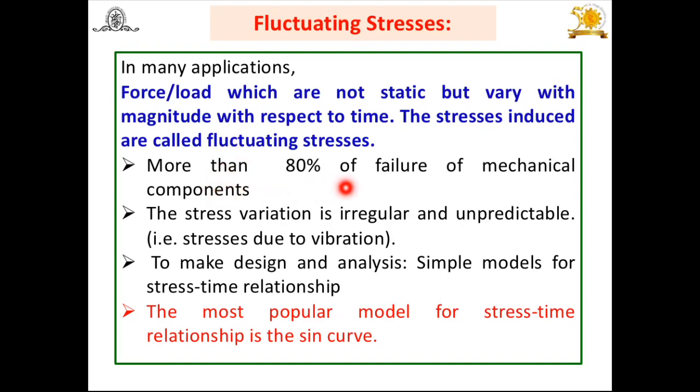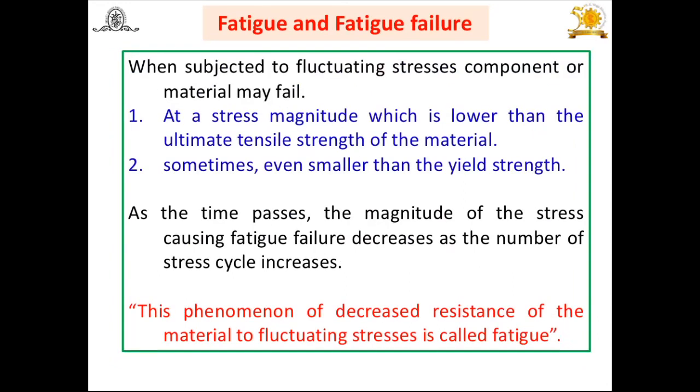More than 80% of components fail because of this, and this stress variation is because of the varying load, which is irregular and unpredictable. We can't predict it. Because of that, a component may fail before reaching SUT or before reaching SYT also. To make the design analysis simple, model stress-time relationships are used, and the popular model of stress-time relationship is the sine curve. We will see the sine curve in the next session.